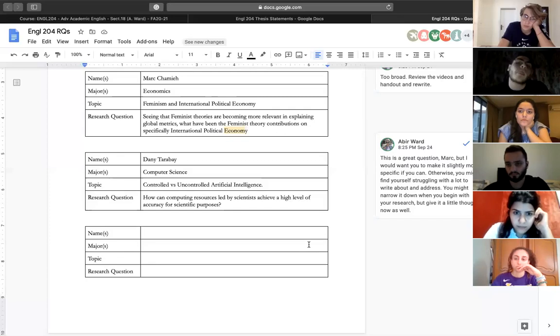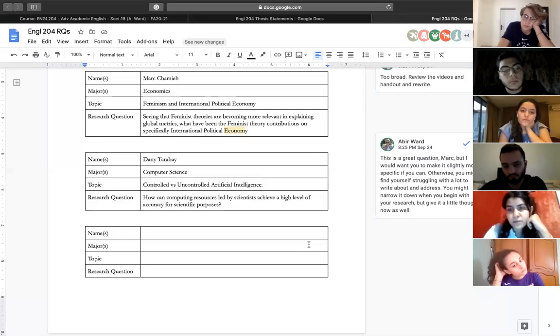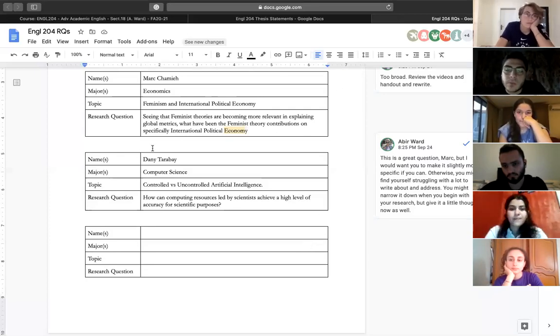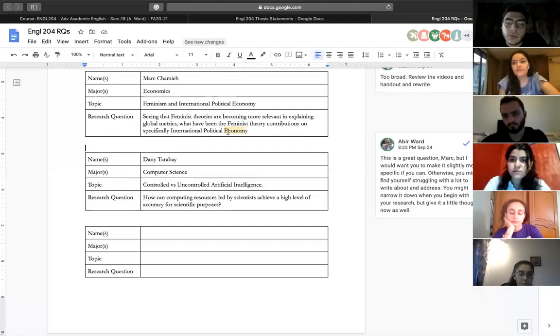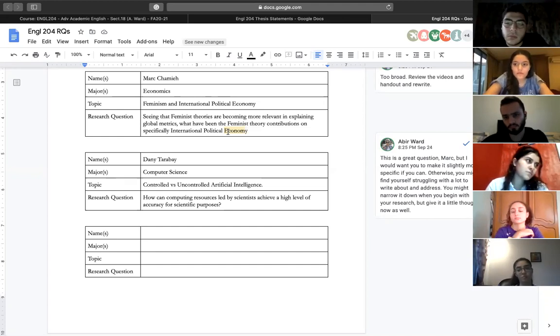Rethink it, and think that the question should be, okay, what have been the feminist theory contributions? Try to write the answer to the question, what have been the feminist theory contributions specifically on international political economy? If you can write the answer in one... Yes, I don't think that the answer will be this broad.